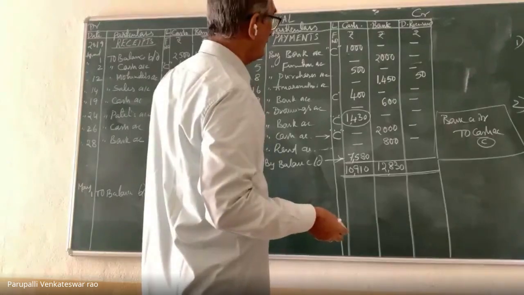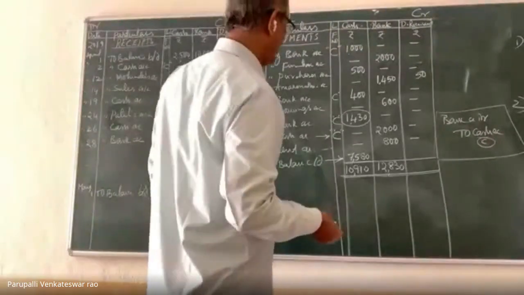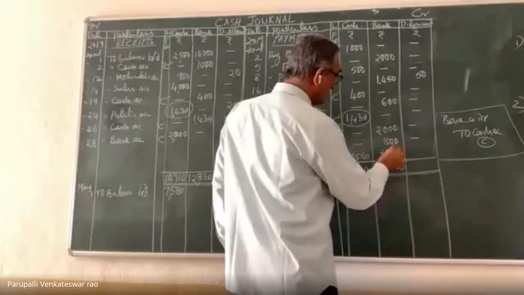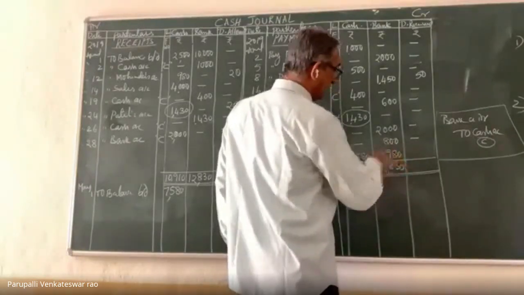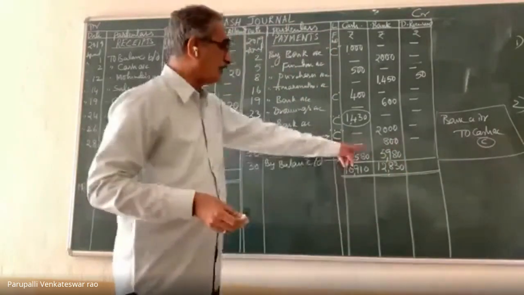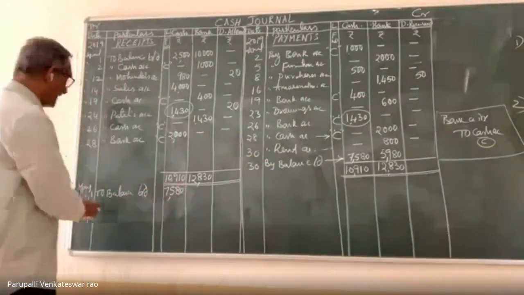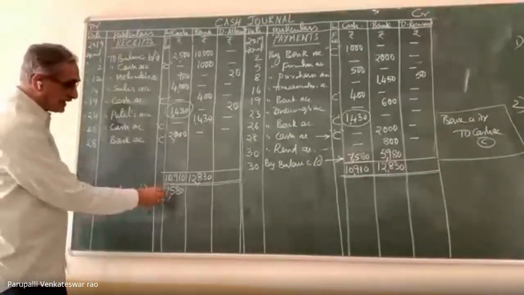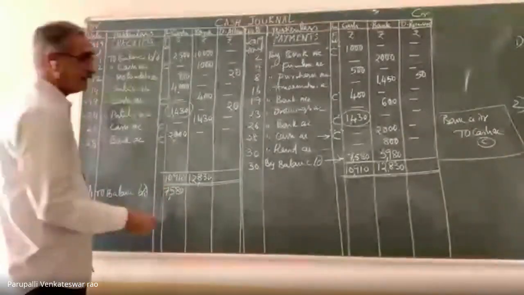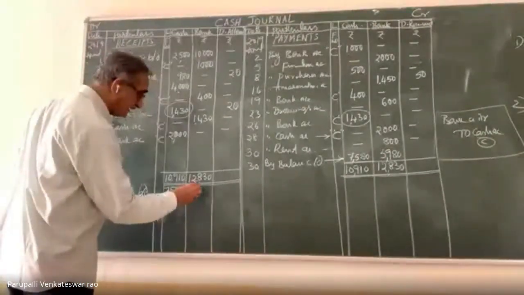So 5,980 is cash at bank. That means 5,980 rupees are in our bank. So to balance brought down. Cash balance is 7,580. Bank balance is 5,980.